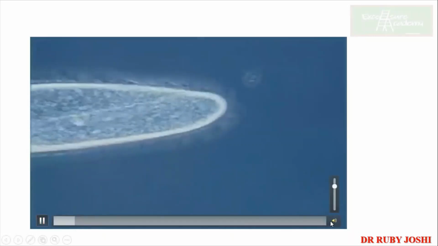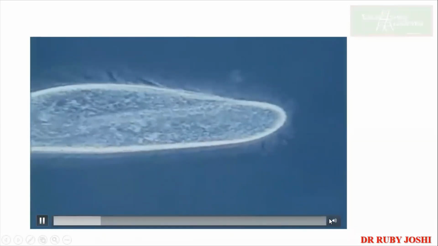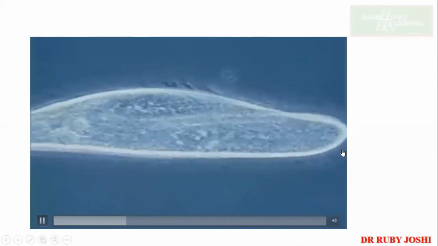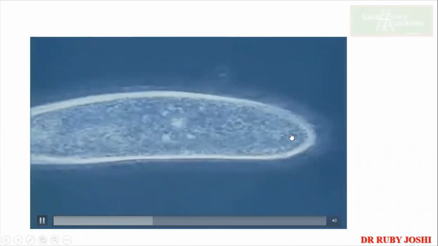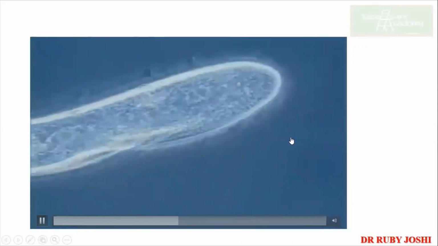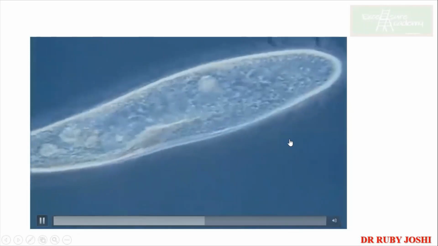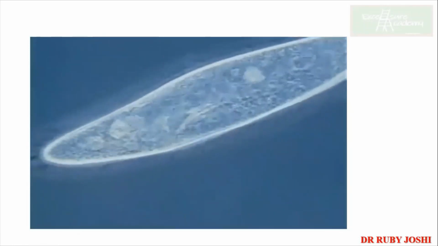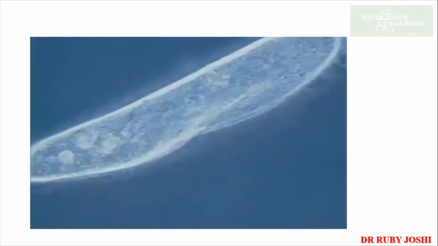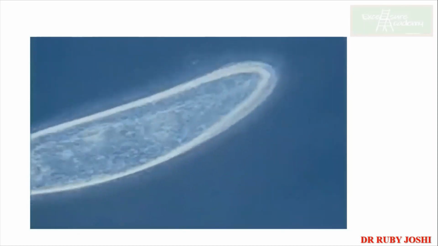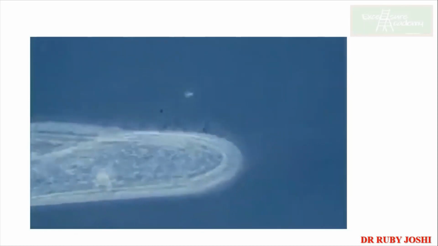Okay, now I think yes, I have this video. There is no sound, so you can see so many cilia are present in the Paramecium, right? And look at how nicely each cilium goes back and forth, helping them to move in the directions. So many are there.